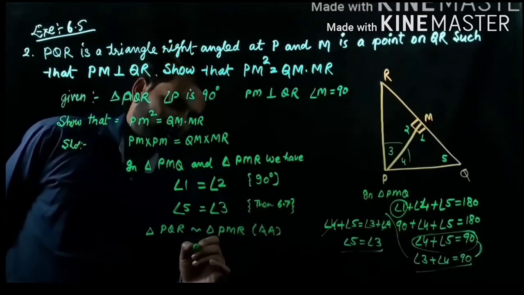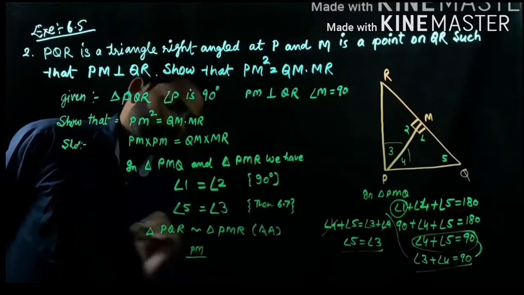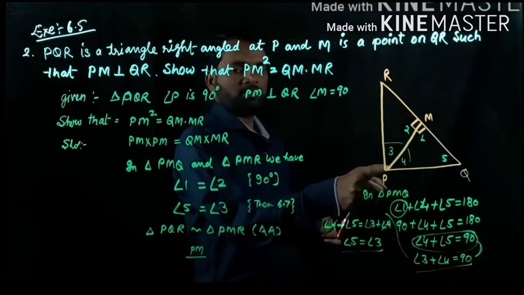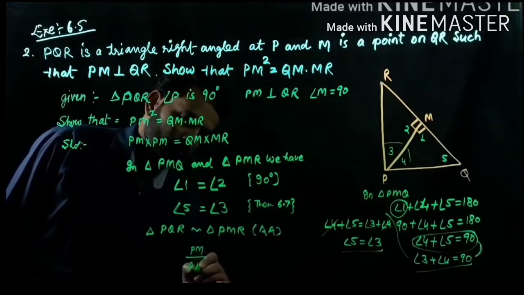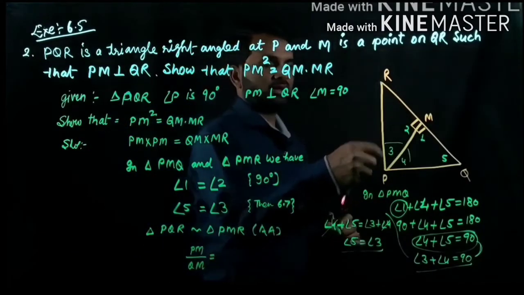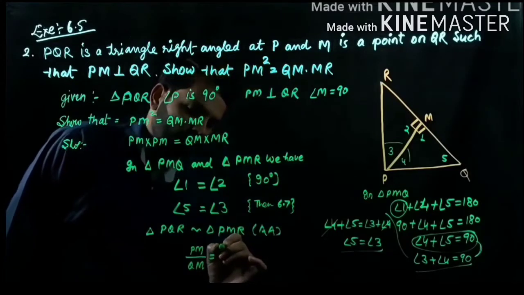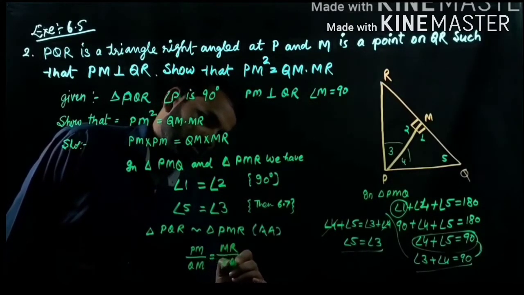Now you solve. It means the sides of the triangles, so in this triangle PM upon QM, and in this triangle we write MR upon PM.